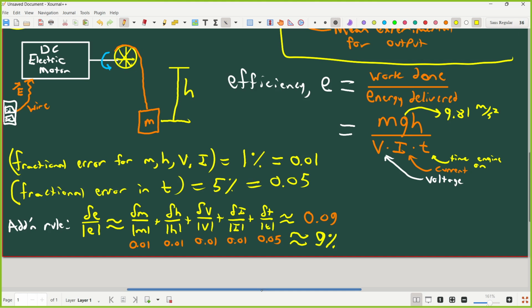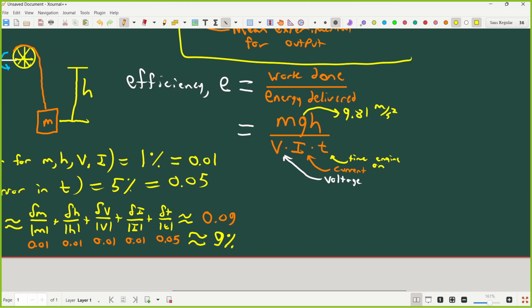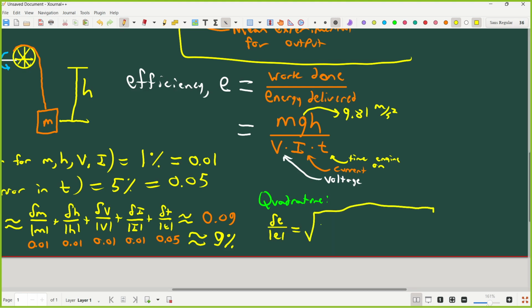All right, so in quadrature addition, we have that delta E over E is equal to the square root of the sum of each of the fractional errors squared. I'm not going to write them out, but it's going to be 0.01 squared plus 0.01 squared plus 0.01 squared plus 0.01 squared plus 0.05 squared.